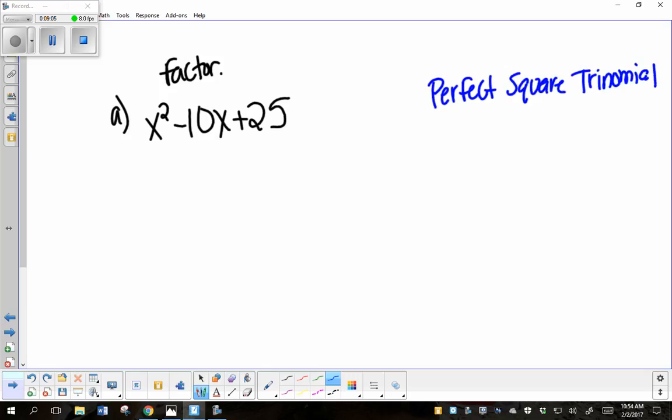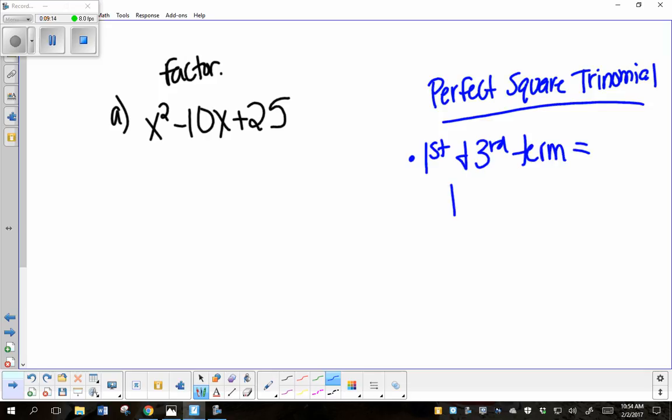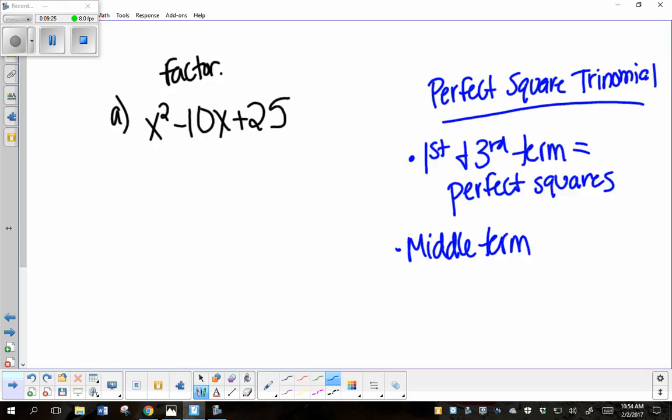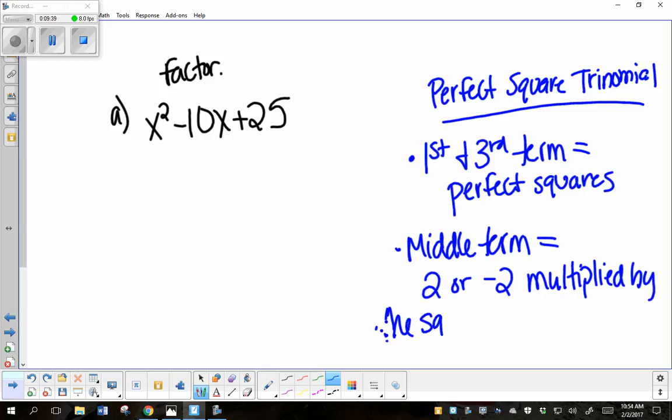a perfect square trinomial will always have the first and third term are perfect squares, and then the middle term has to equal either 2 or negative 2 multiplied by the square roots of those first and third terms.